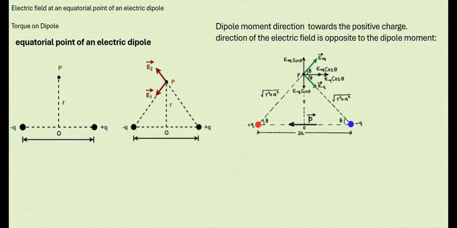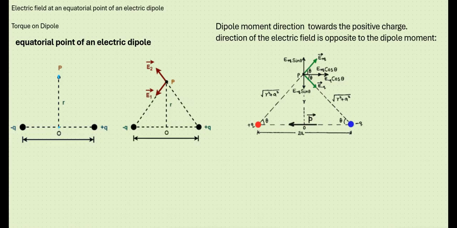The second case, the equatorial point of an electric dipole. It means in between the dipole, or the midpoint of the observation of the dipole, let's say this is O, and P is this point, and obviously minus and positive charges.